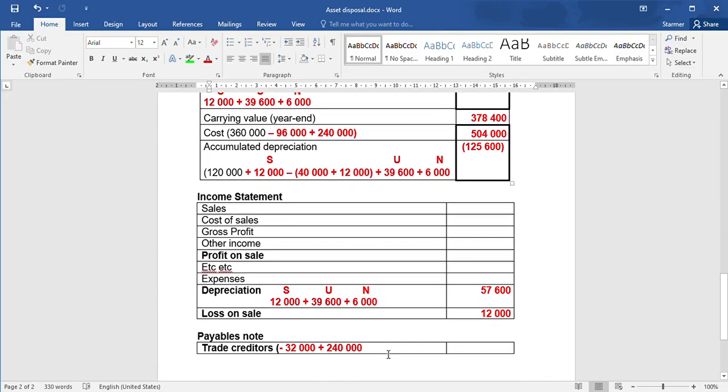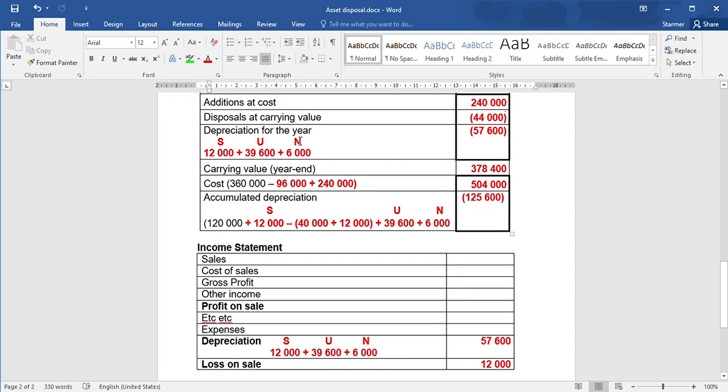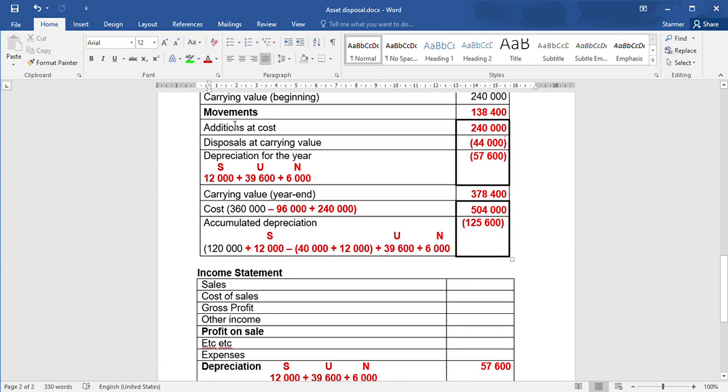So in my income statement, next to depreciation, I write the letter S, this is the update. The double entry for that is accumulated depreciation, which is going to increase as well. Please remember that this depreciation for the year is the exact same as what is in your income statement. So don't forget to put the 12,000 for S under depreciation under your movement section of your fixed asset note.